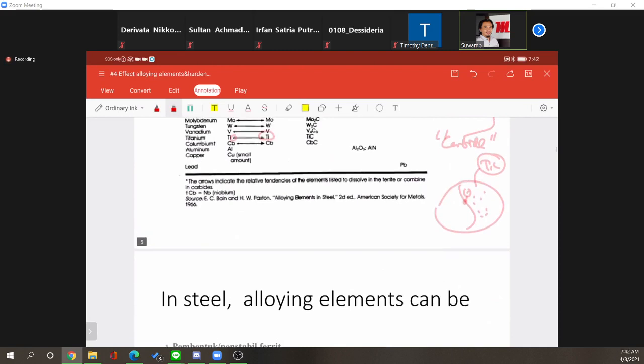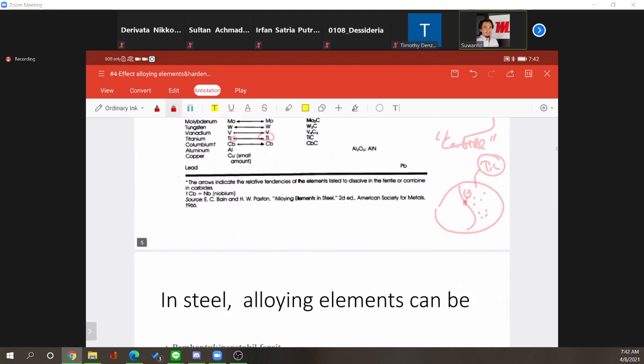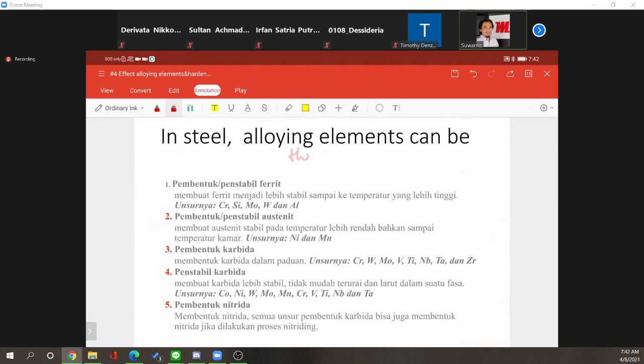For the effect on phase stability, or in other words, in terms of the phase diagram, how alloying elements behave in the phase diagram, or the effect of alloying elements on the phase diagram.